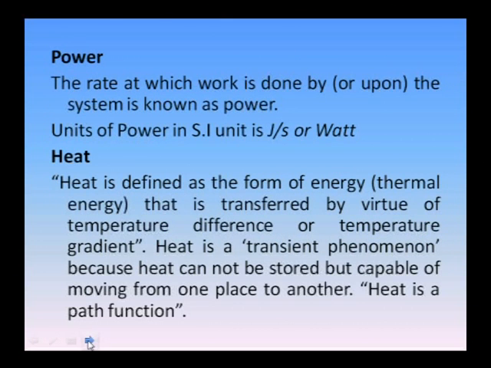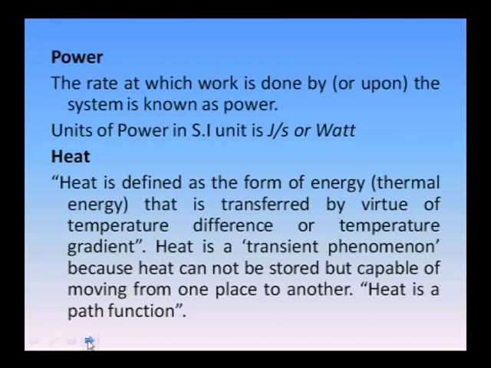Next, let us understand power. The rate at which work is done by or upon the system is known as power. Unit of power in SI units is joules per second or watt. Let us know what is the definition of heat.